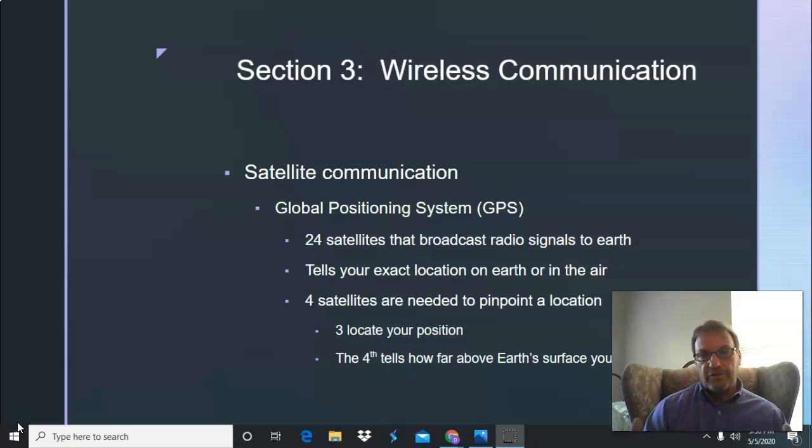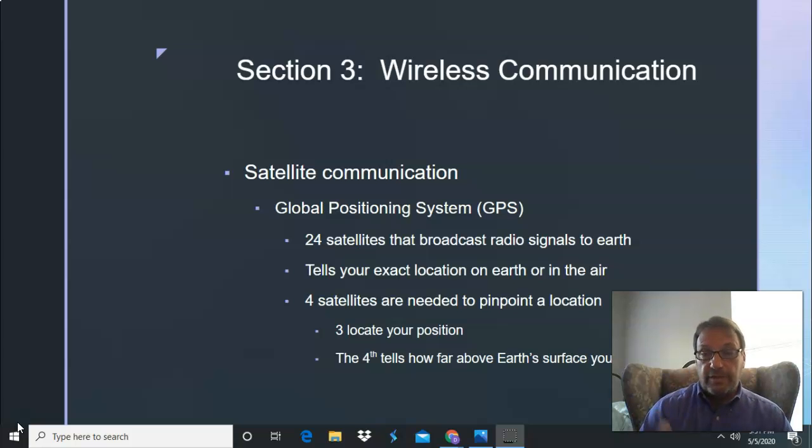Now, when we talked about earthquakes and how the waves travel out from an earthquake, we decided that there was a particular center, or an epicenter, and then those waves would travel out in all directions. It would require three different locations, three different seismograms, to actually locate where on Earth that earthquake originated. The GPS would need three satellites to pinpoint your location.